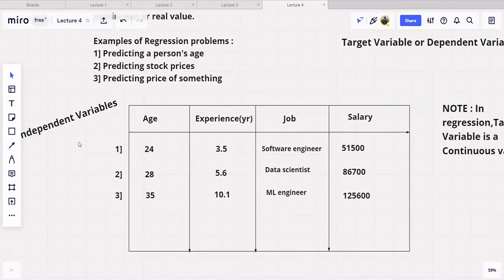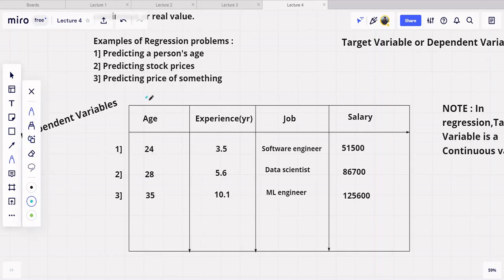On your screen you may be seeing a particular table. This table consists of 3 rows and 4 columns. Now let's say you wanted to predict salary. In this case salary will become the dependent variable, and the age, experience, and job will become the independent variables. Let me also mark them.